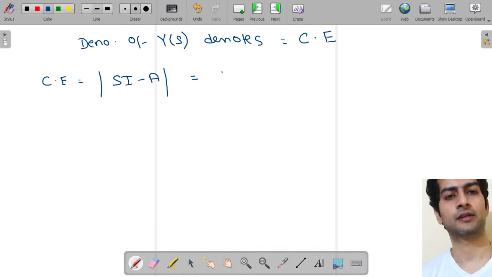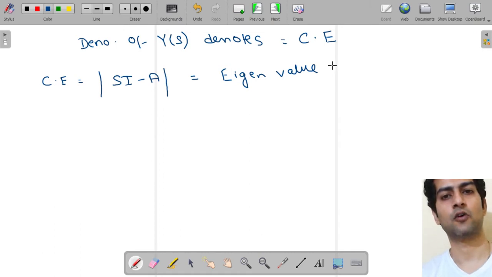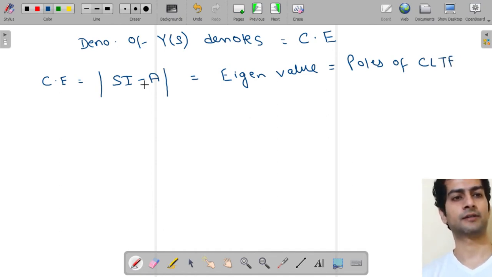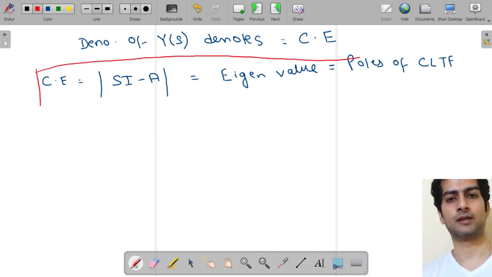What we will get here? Eigenvalues. And from the characteristic equation, what we get? We get poles of the closed loop transfer function. Are you getting it? A very important conclusion is written here.